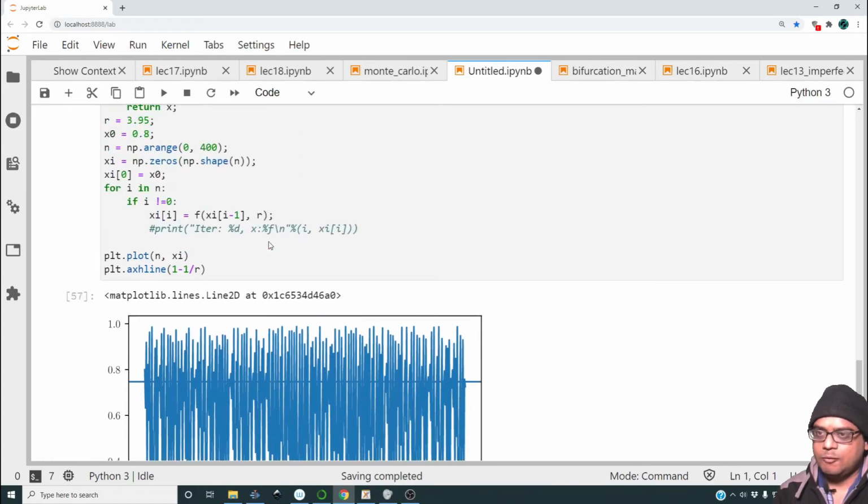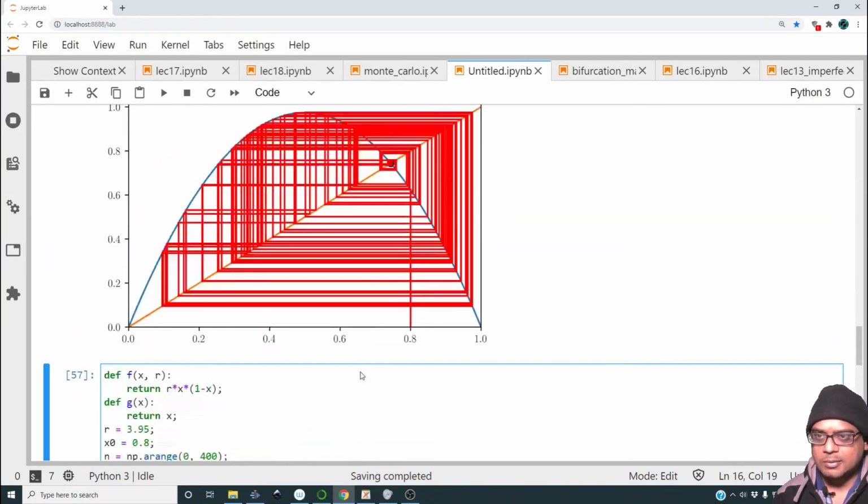So what happens beyond r equal to 3? There's obviously some period doubling that is happening, and beyond that period doubling, it seems to go off the rails. There's no discernible pattern that we are able to observe.